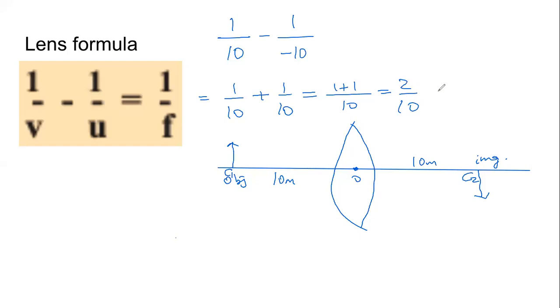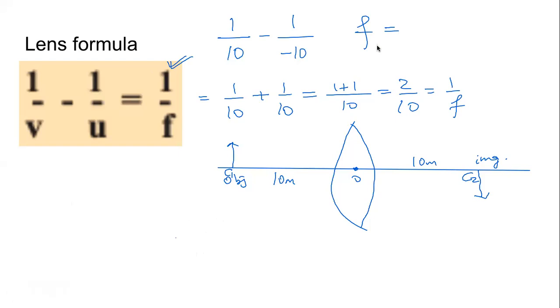And this, by lens formula, we know it is 1 by f. So now again, please prove to me that you are my students and you are smart. If 2 by 10 is equal to 1 by f, what is f? How much will be f?